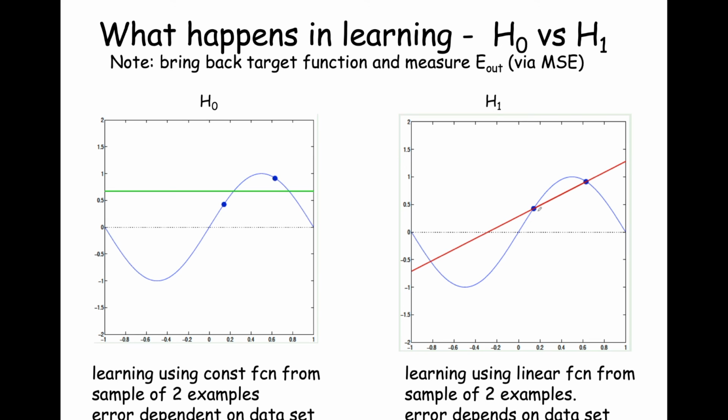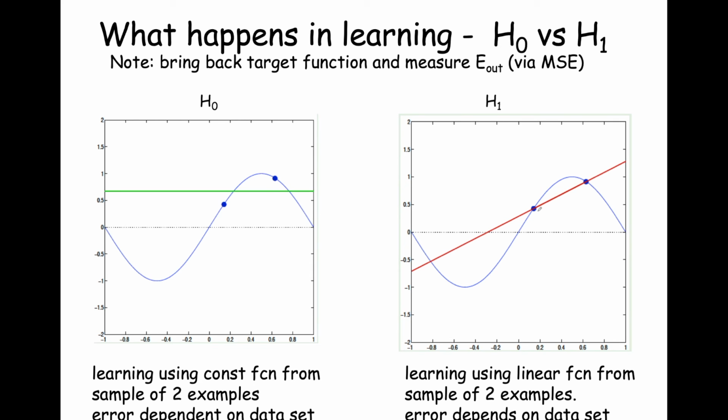So let's look at what happens in learning. Now again, we said that we have two data points. So we're going to bring back the target function, and we're going to measure out of sample error, but that's based on the best fit for the in-sample data. And so here we draw two examples from the sinusoid, randomly sampling, and we then take those two data points and we ask the question, what is the best line or hypothesis drawn from H0 for those 2 points and H1 for those 2 points?